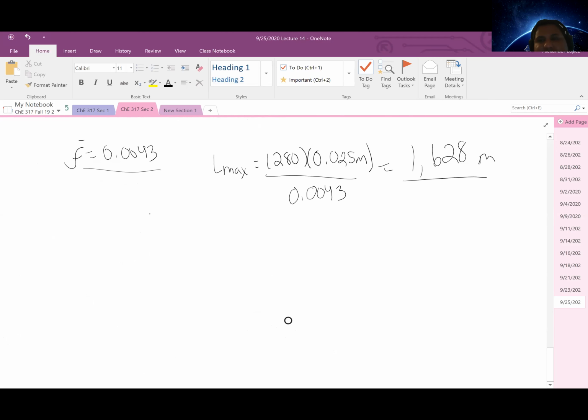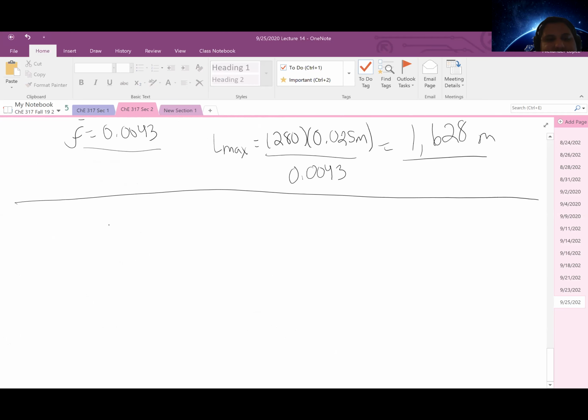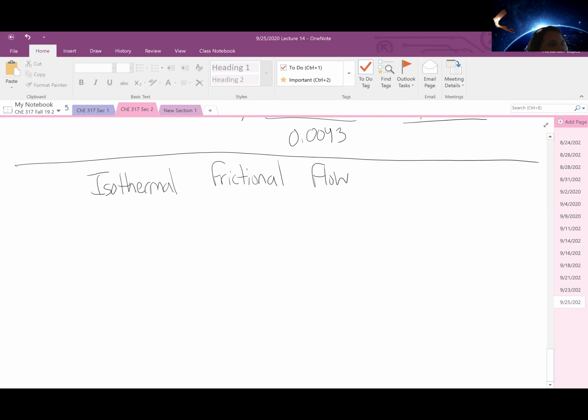And now let's wrap up with talking about isothermal frictional flow. Now, when looking at isothermal frictional flow, one of the most pertinent things we have to consider in this system is twofold.